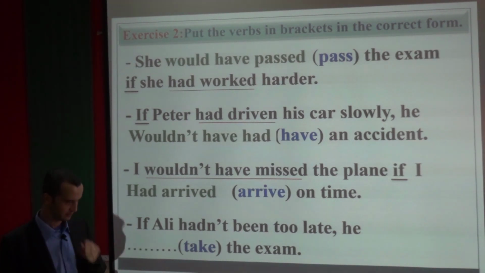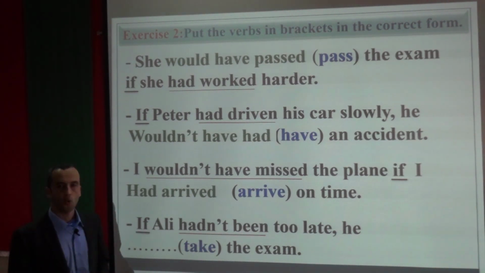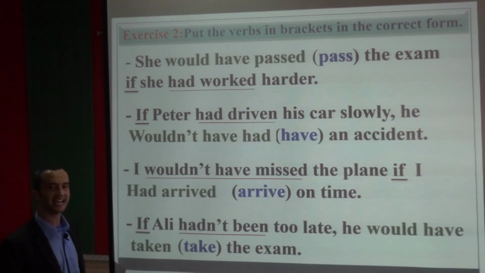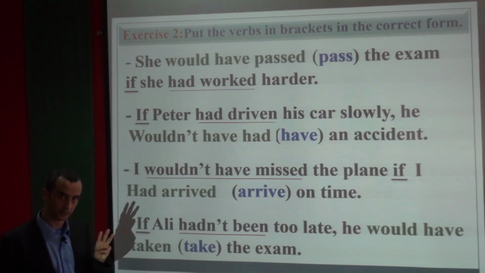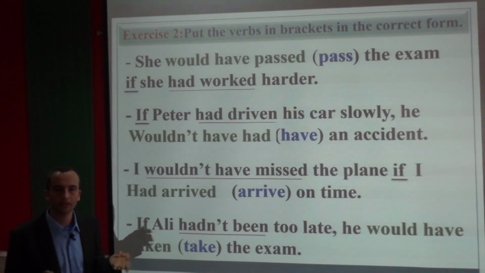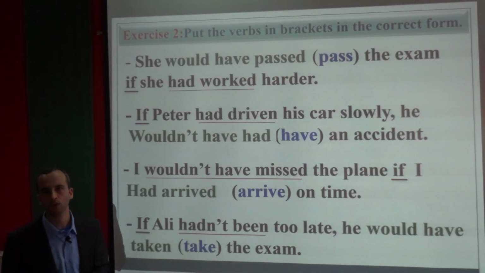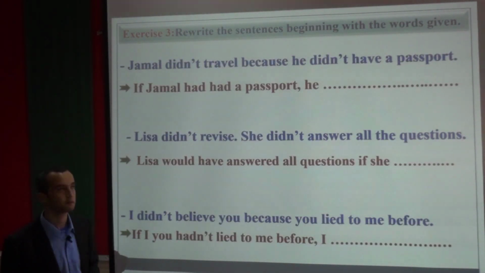So we say, he would or he could have taken. We cannot say he would take because this is conditional type 3. So this is a strategy, keywords. So you always look for the keywords so that to get the correct answer. Let's practice the last example.